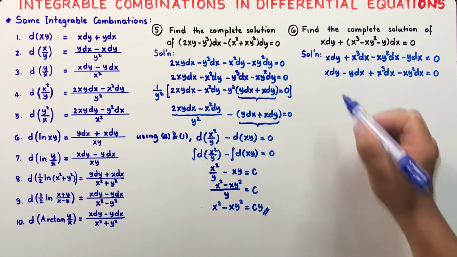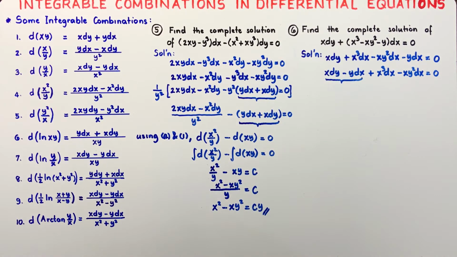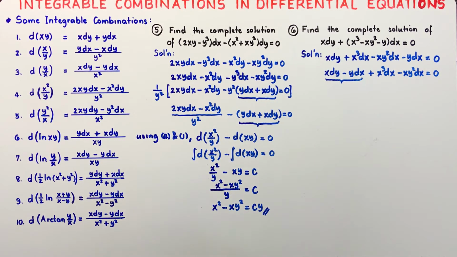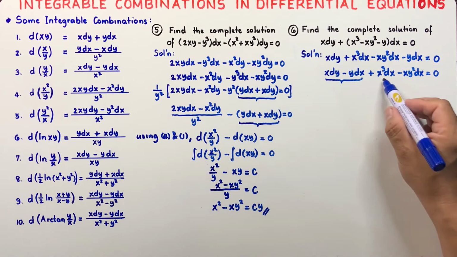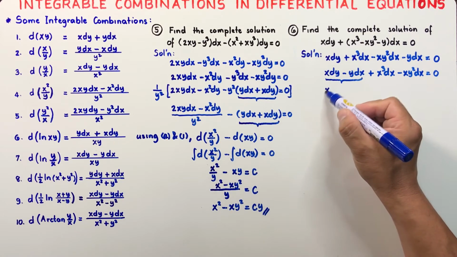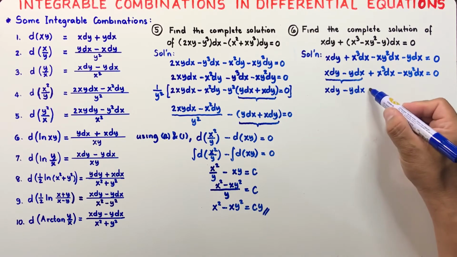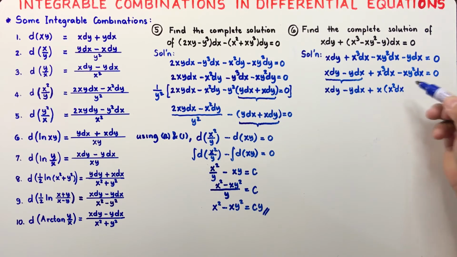So these first two terms here almost form the integrable combination number 3. But the problem is we don't have this x squared in the denominator there. So the next thing to do is to factor out the common factor of x in these last two terms. So we have x dy minus y dx plus x times x squared dx minus y squared dx.